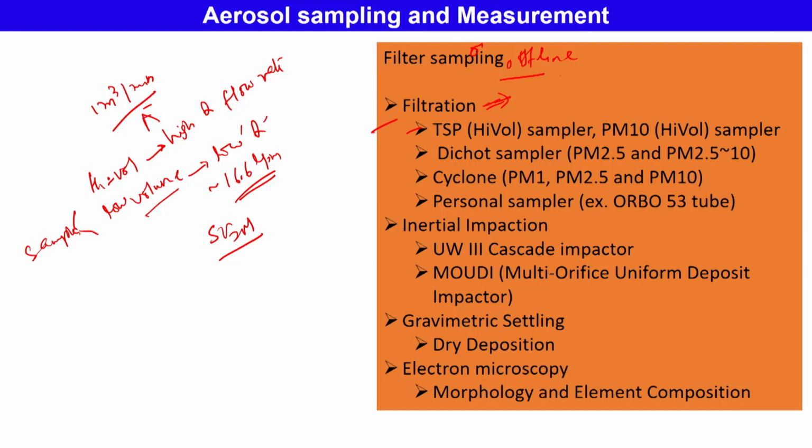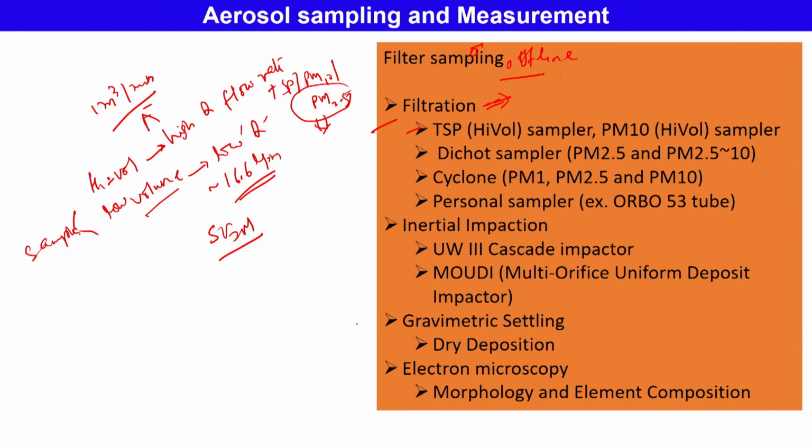Then generally we have high volume samplers like TSP, and we also have PM10. Now we have PM2.5, which is mostly preferred for the low volume sampler. Then you have dichotomous samplers, PM2.5 and PM2.5 to PM10, where you can collect both the fine and coarse modes.